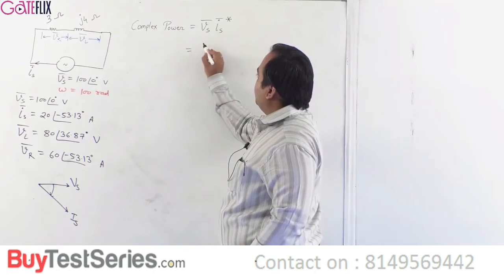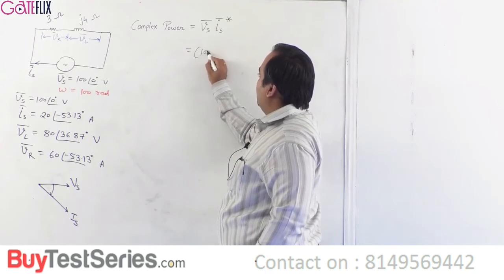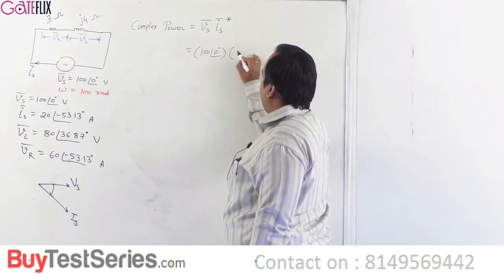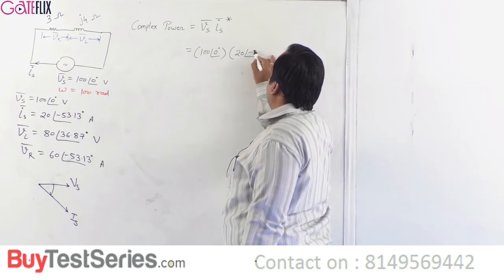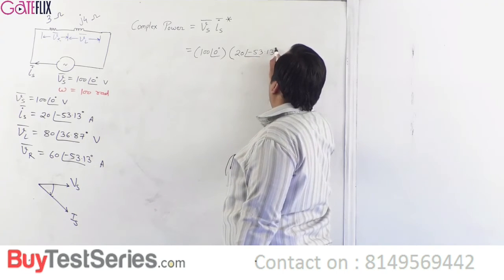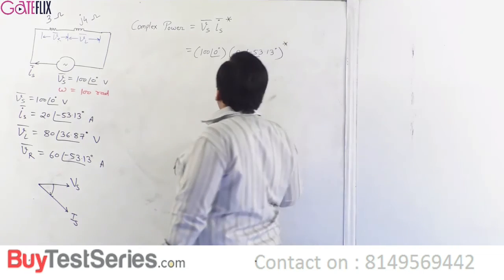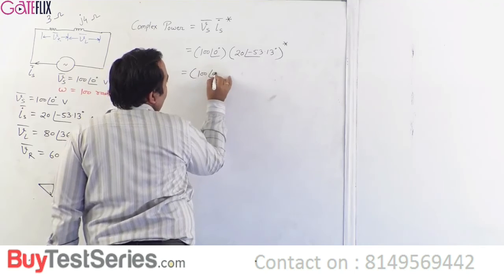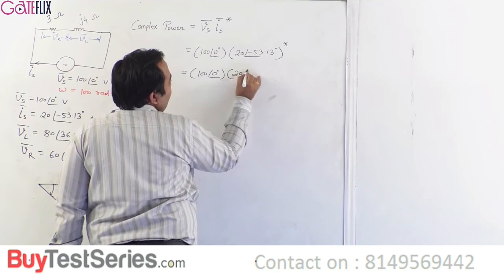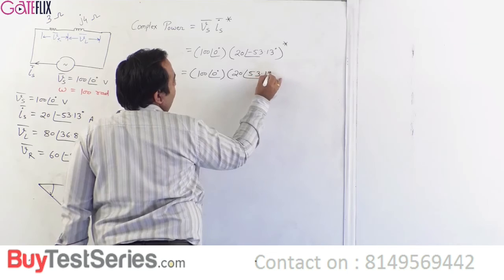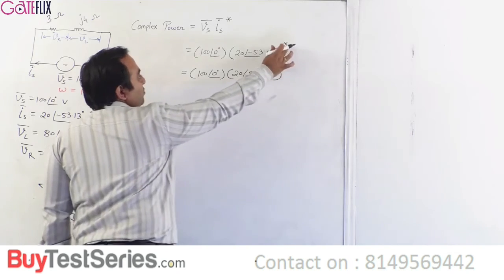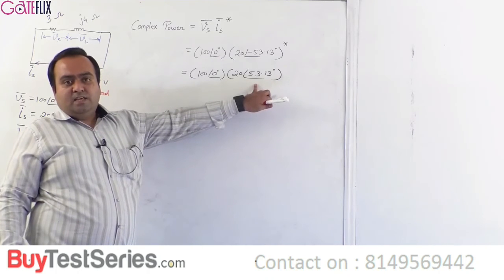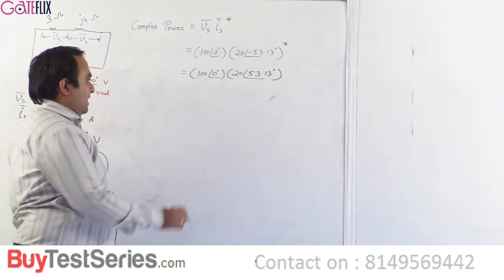We multiply these two phasors. So this is 100 angle 0 degrees and this is 20 angle minus 53.13 degrees, but conjugate. So when you take the conjugate, this angle turns plus, so 100 angle 0 degrees, 20 angle 53.13 degrees. Just to remove this asterisk, we are changing the phase, the minus sign is converted into plus sign.